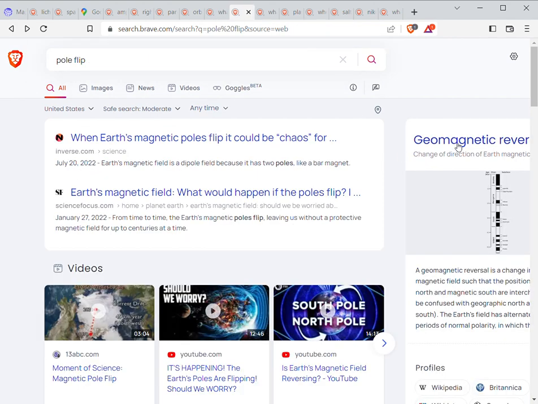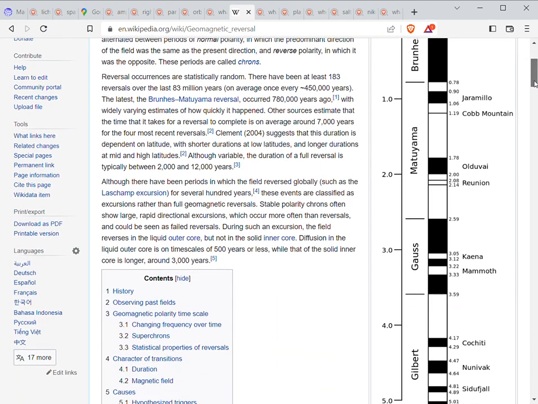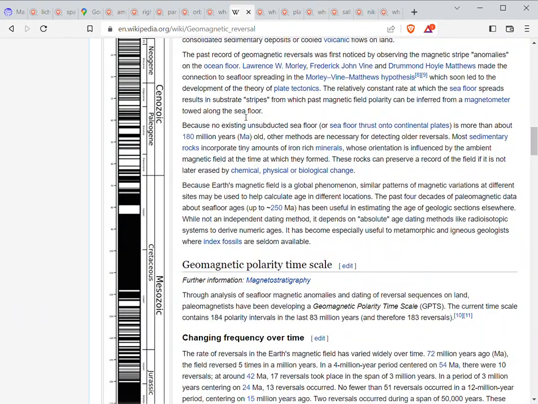So you come over here to geomagnetic reversal, and we take a look at this, and we're scrolling down here, and this gives you an idea. This is one direction, this is another direction. We scroll down here, and this is like extended time, I guess, but this kind of just looks like a barcode to me, and really what you see is a frequency. What is a frequency?